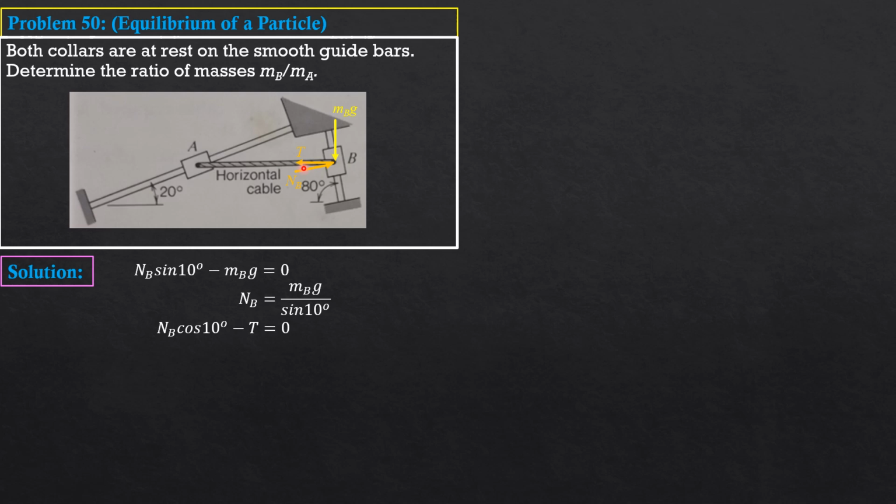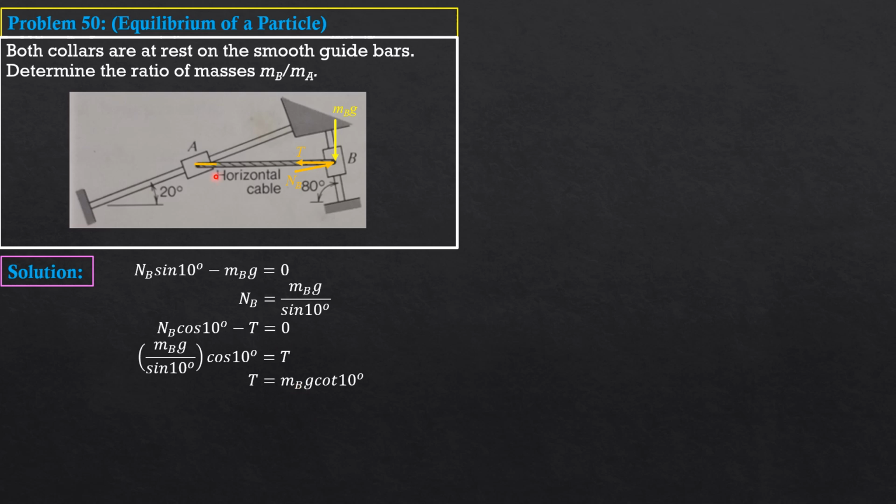So substituting the value of NB, mBg over sine 10 times cosine of 10 degrees equals the tension. So that means the tension in the horizontal cable is mBg cotangent of 10 degrees, or mBg over tangent of 10 degrees.